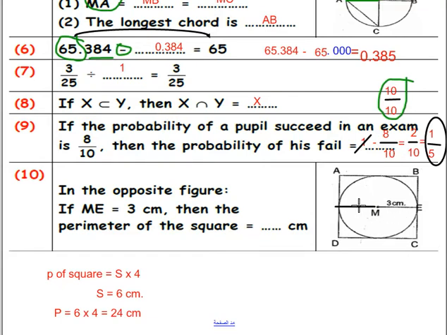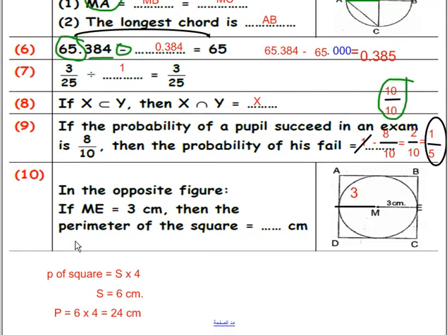Yes, this length equals another 3. 3 centimeters plus 3 centimeters equals 6 centimeters. 6 centimeters equals the side length of the square. 3 is the radius, 6 is the diameter, and the diameter equals the side length of the square.